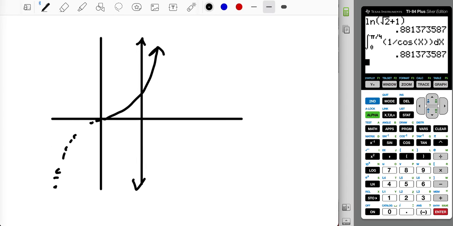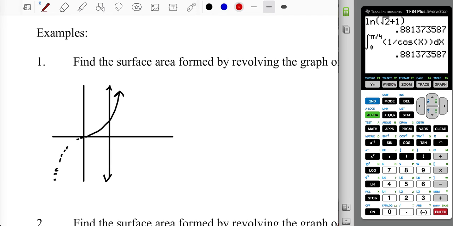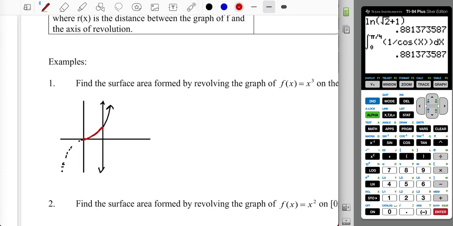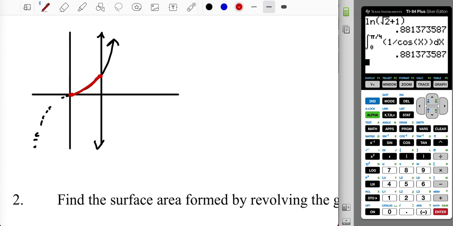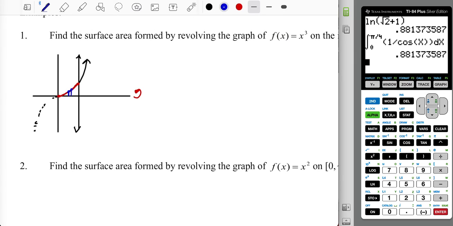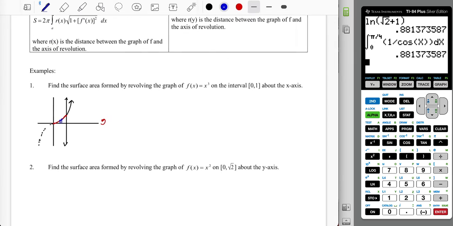So it's really just this piece. About the x-axis, what I would do is take a little segment here and spin that.